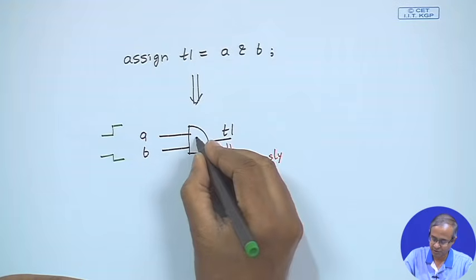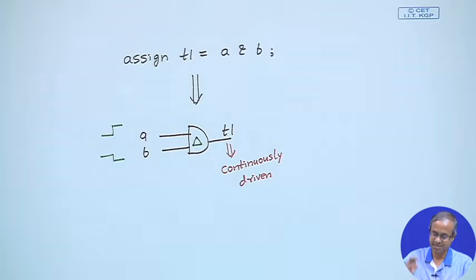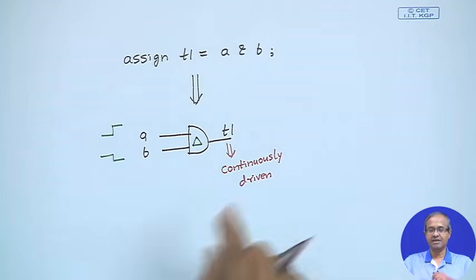Of course, there will be a delay of the gate. After the delay, this will change. There is nothing that says that all the changes have to be synchronized with a clock, so that when a clock comes, only then you change the output, nothing like that. The output signal T1 is continuously being driven by the output of the gate. Whenever the input of the gate changes, the output will also change and immediately the value of T1 will change. Okay? This is the idea, continuously driven.